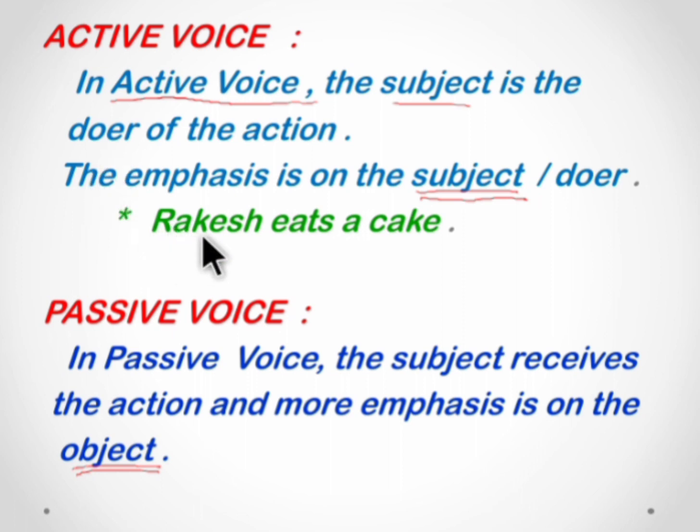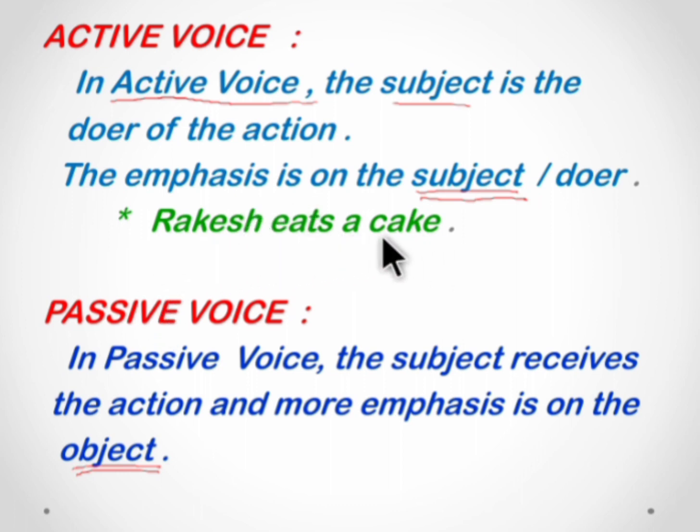So in sentence pattern, what we identify is the subject, verb, object, then direct object, indirect object, complement and adjunct. So here in active voice and passive voice, mainly we have to identify the three elements, that is the subject, verb and object.